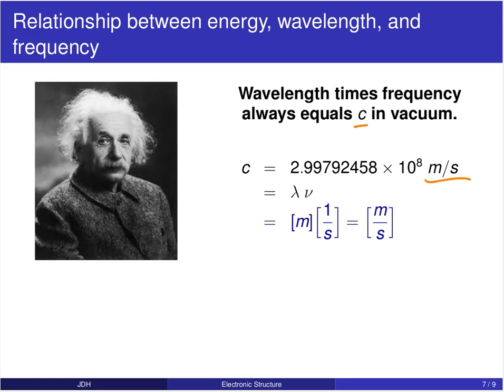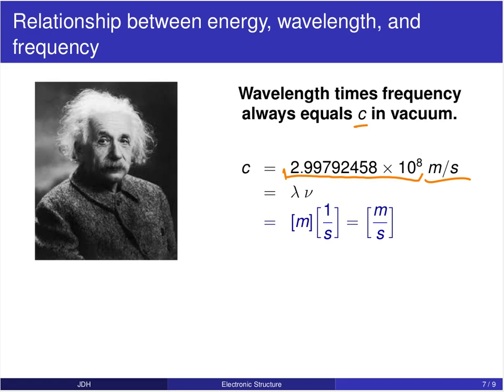Now, think about this for a second. This is a very fast velocity. When we're talking about something on the order of 10 to the 8th meters per second, what we're saying is that if you have a light wave and you want to see how far it can travel in, say, 1 second, the answer is given by this large number, almost 3 times 10 to the 8th meters.